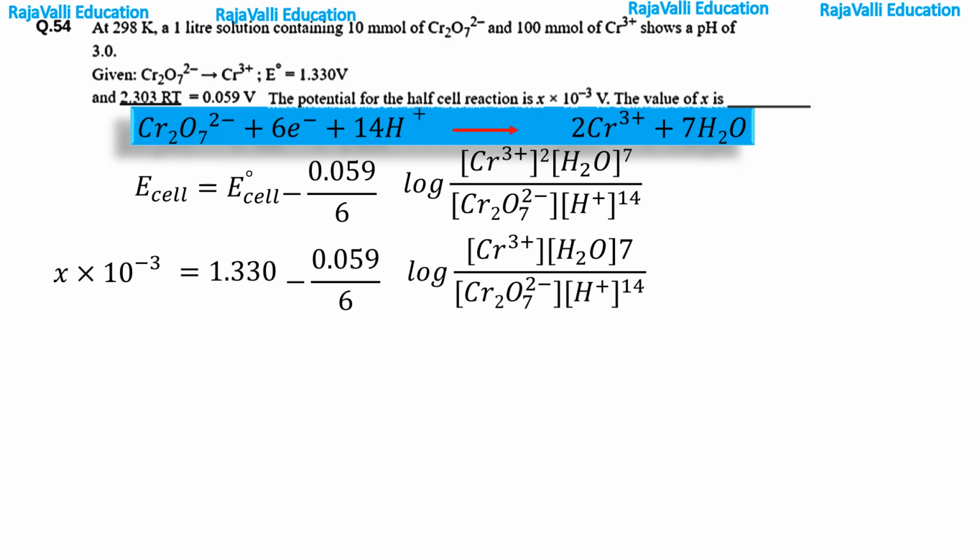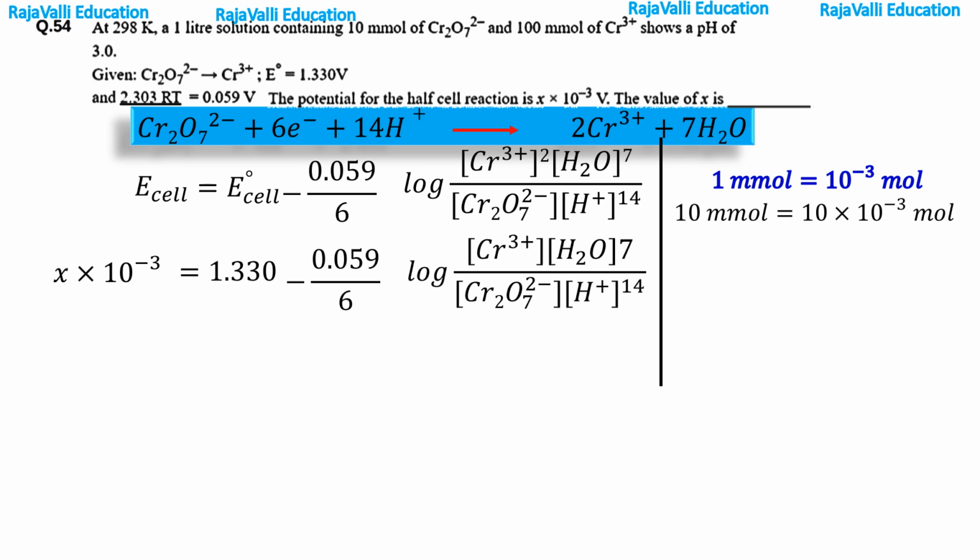First we have to find what is 10 millimole of Cr2O7 and 100 millimole of Cr3 plus. 1 millimole is equal to 10 to the power of minus 3 mole. Here it is given as 10 millimole of Cr2O7, so we multiply 10 to the power of minus 3 by 10. We get 10 to the power of minus 2. So 10 millimole equals 10 to the power of minus 2 mole.